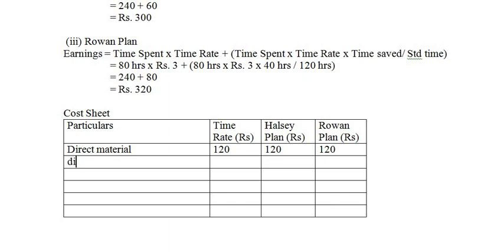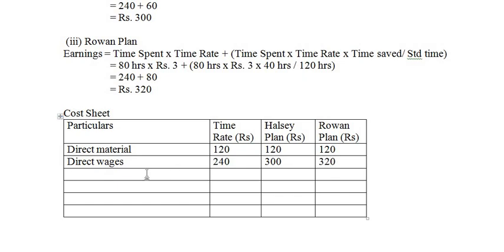The next is direct wages. Now direct wages are nothing but the earnings whatever we have calculated. So under time rate, earnings of the worker is 240 rupees, right? Then under Halsey plan it is 300. Rowan plan it is 320. Right?